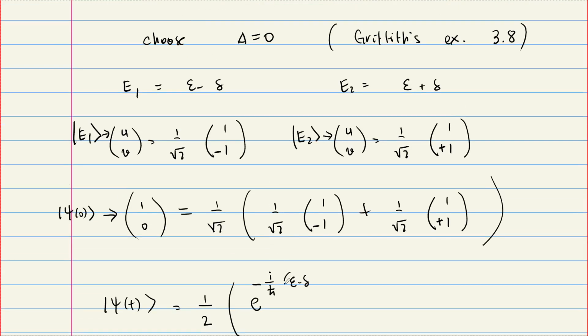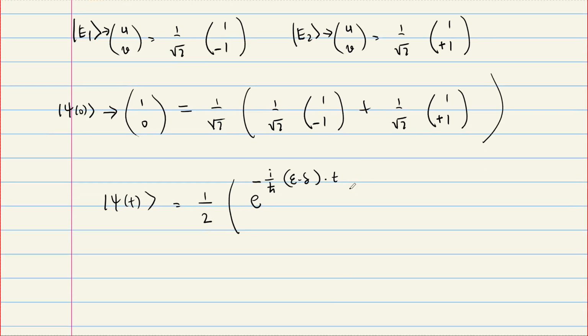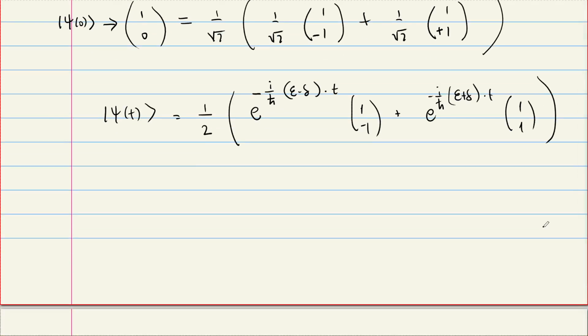Epsilon minus delta times t. And the state 1 minus 1. And the second one is e to the minus I over h bar, epsilon plus delta times t, 1 and 1. Good. And after that, Griffiths is just combining them to write in a nicer form. Let's also do that.